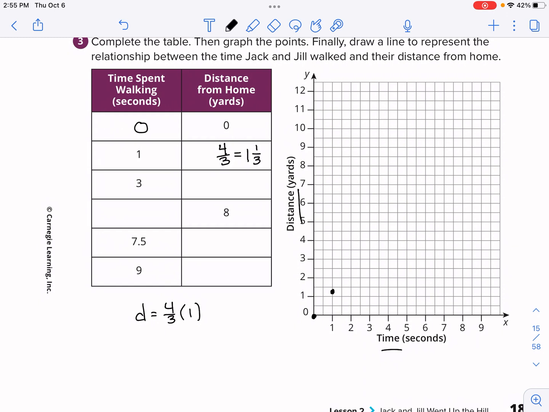Let's go with 3 seconds. So D is equal to 4/3 times 3. We talked about this. We've got to put this over 1. Let's multiply this out. 4 times 3 is 12. 3 times 1 is 3, and this is 4. All right, so that makes sense. This is actually from our context. In 3 seconds, we walked 4 yards.